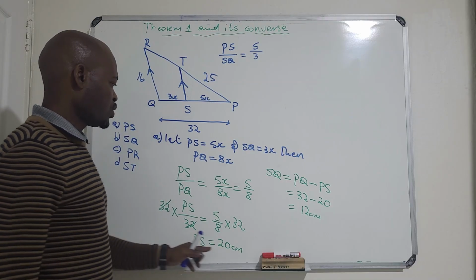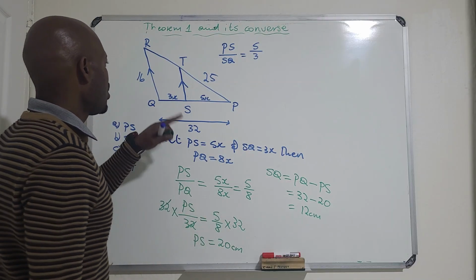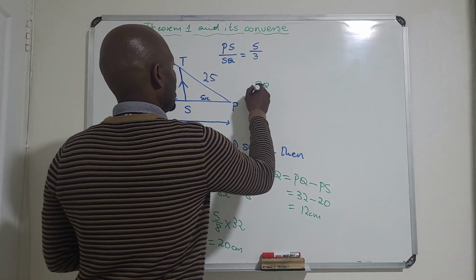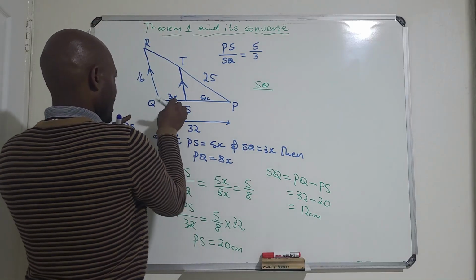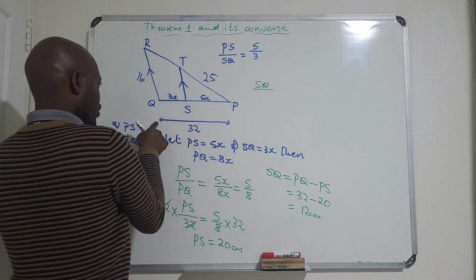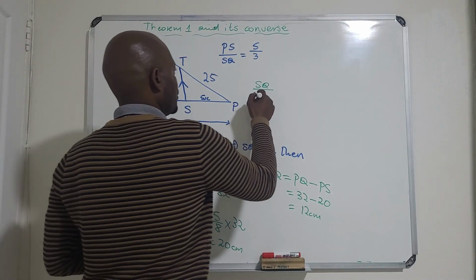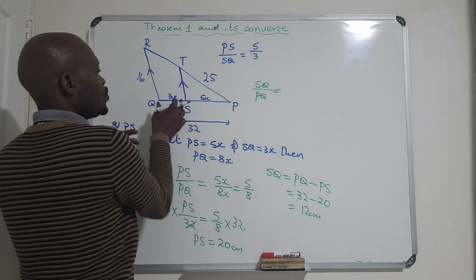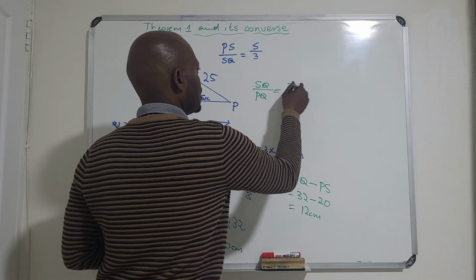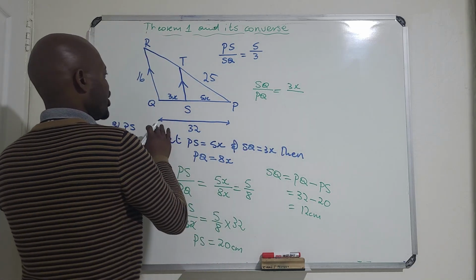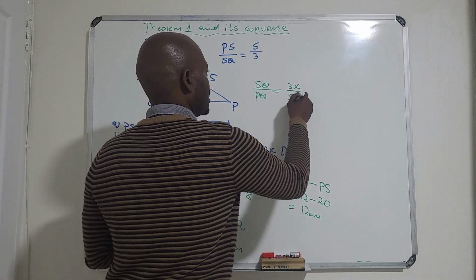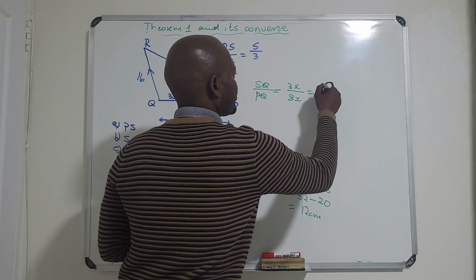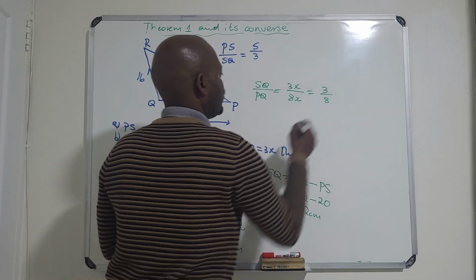We could also have used what we used earlier, where we say SQ over PQ is equal to SQ, which is 3x, over PQ, which is 8x, which becomes 3 over 8.